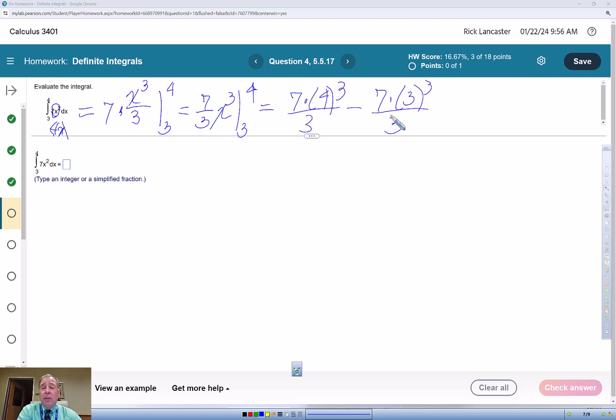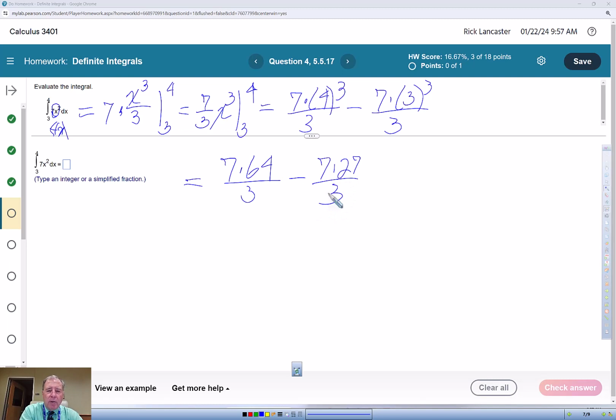Now normally I would jump on this and say, well, this can be 3 squared, where I cancel one of the 3's, but we're going to have a denominator of 3, so I might as well just keep it as a common denominator. So this is 7 times 4 cubed, which is 64 thirds, minus 7 times 27 thirds.